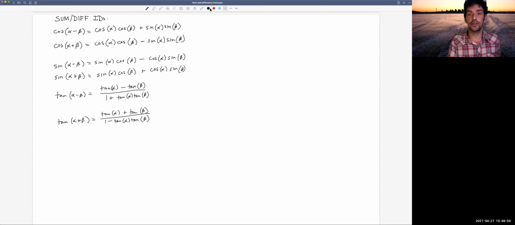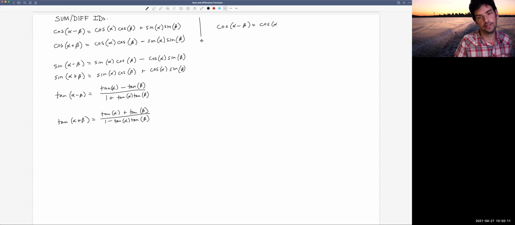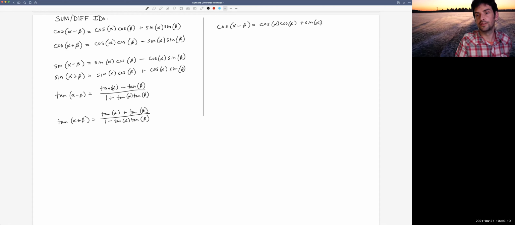I do want to point out, let's look at this first set, for instance. We have cosine alpha minus beta is equal to cosine of alpha cosine of beta plus sine alpha sine beta.